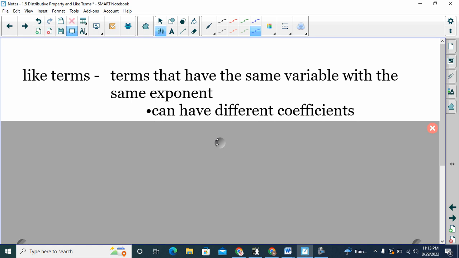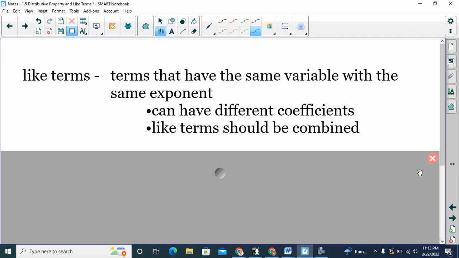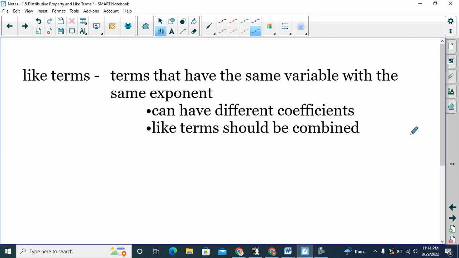Coefficients, remember, are the number that's out in front of the variable. It's okay if the numbers are different, but the variable and the exponent should be the same. And like terms are always going to be combined. We're always going to try to combine them to simplify.